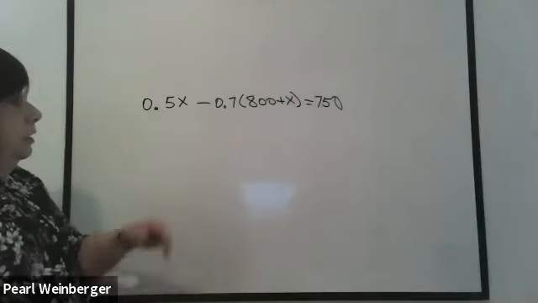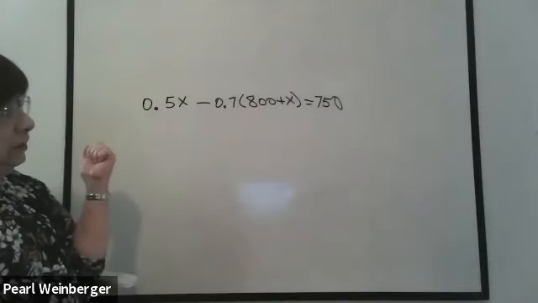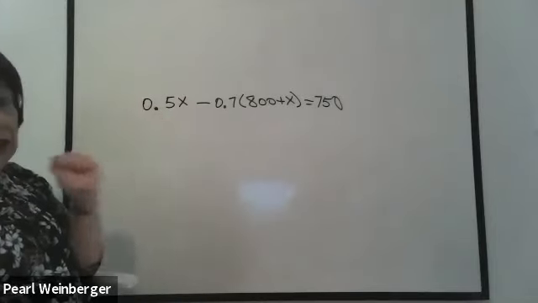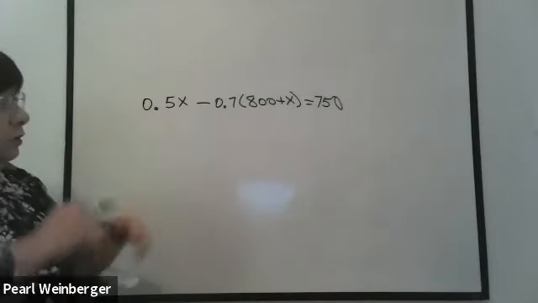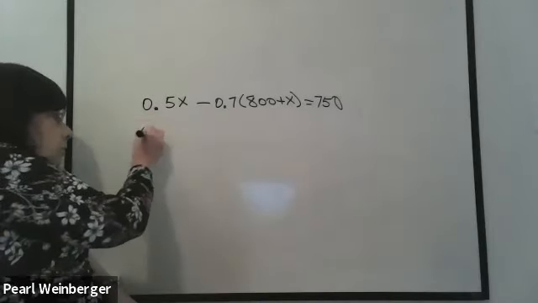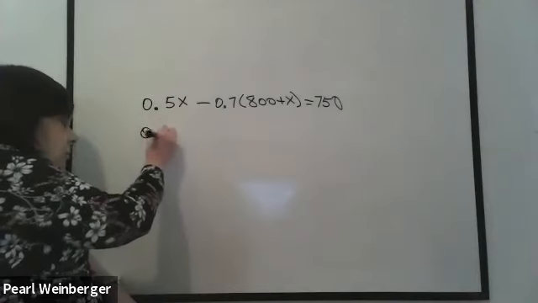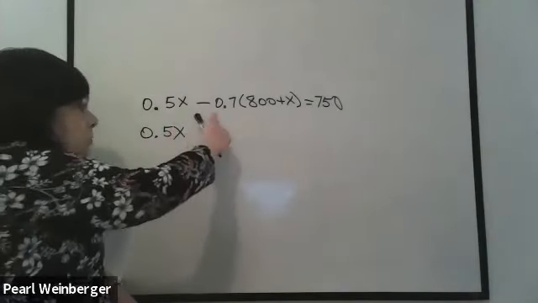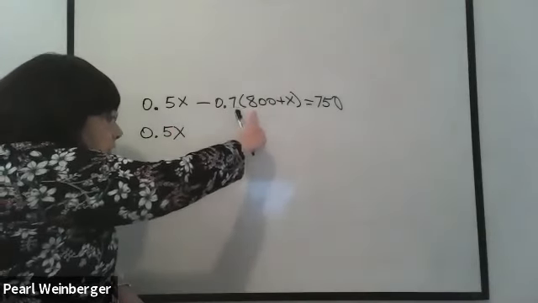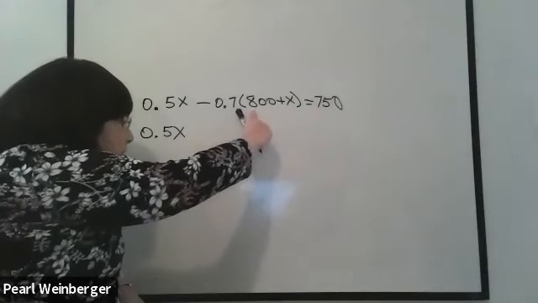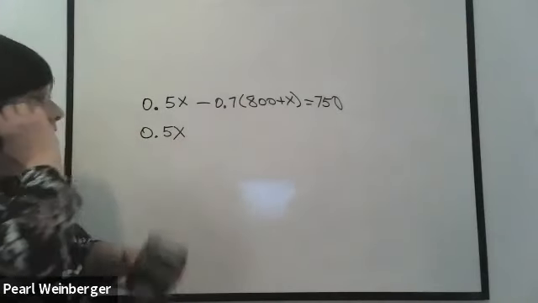equations. So the first thing I see is that I have a parentheses, and I know I want to remove the parentheses. So in order to do this, I'm going to leave this alone, the 0.5x, and I'm going to multiply the parentheses. I'm going to distribute the negative 0.7 times the 800 and the x.